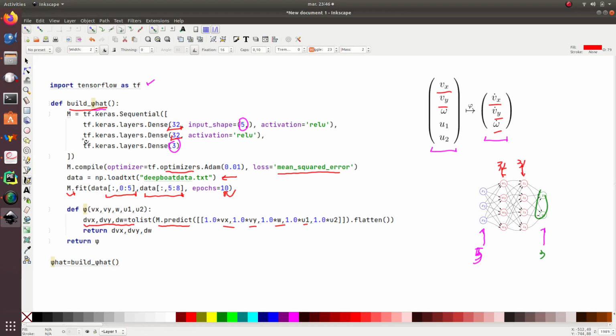I have built phi hat, and I will return it. So my function build phi hat returns a function. This is why here phi hat is equal to build phi hat, and now phi hat is a function. I will be able to call it for my simulation.